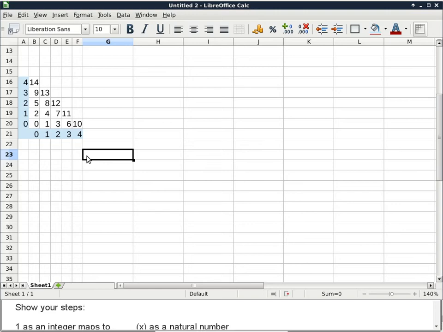So the way this looks, the two tuple 0, 0 would map to 0. And then the two tuple 1, 0 would map to 1, and so on. So this 7 is actually corresponding to 2, 1. And this 13 is mapping to 1, 3.